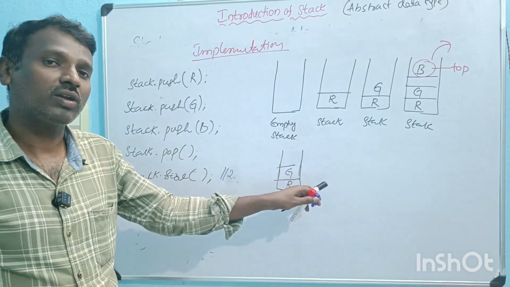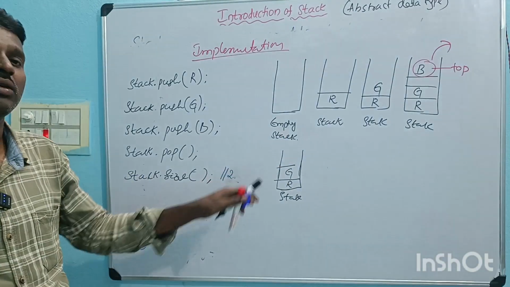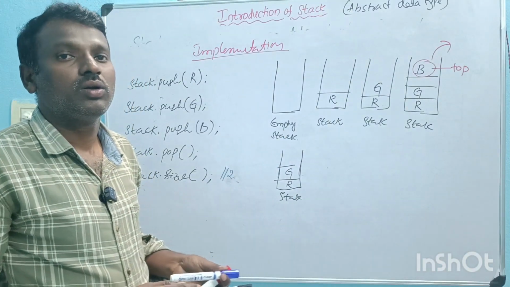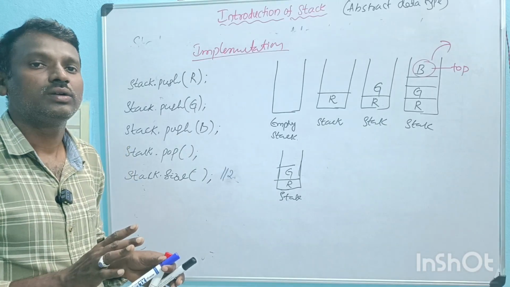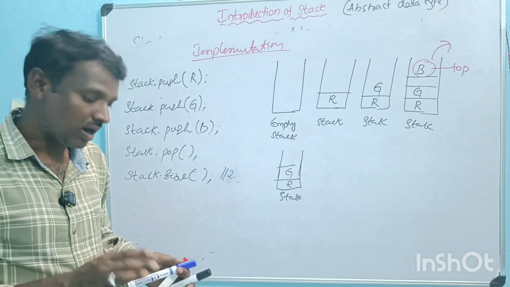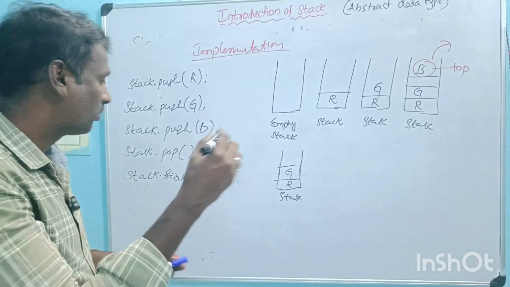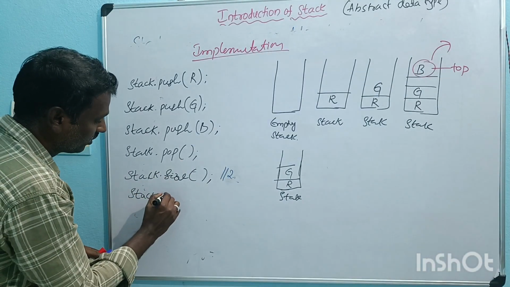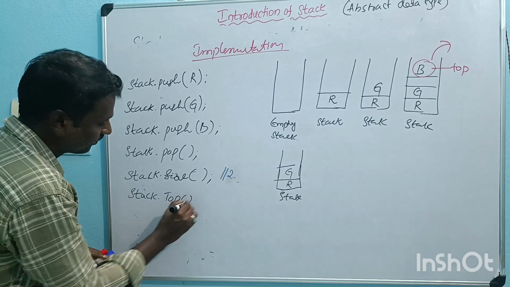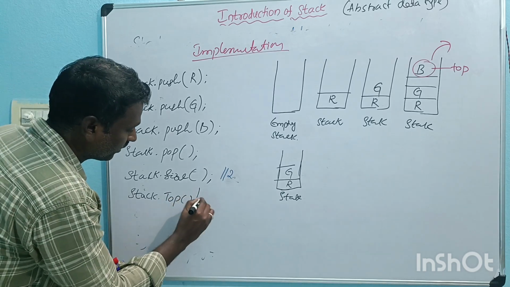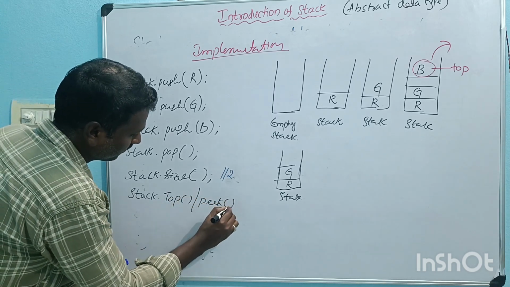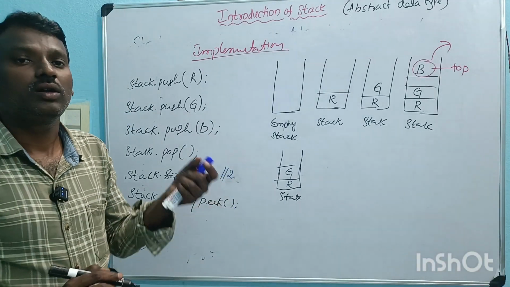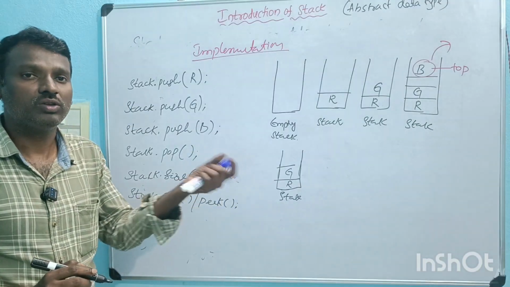After completion of your pop operation, if you want to find the top element, we perform another operation. What is that operation? Stack dot top or peek. With this we find which element is available at the top of my stack.